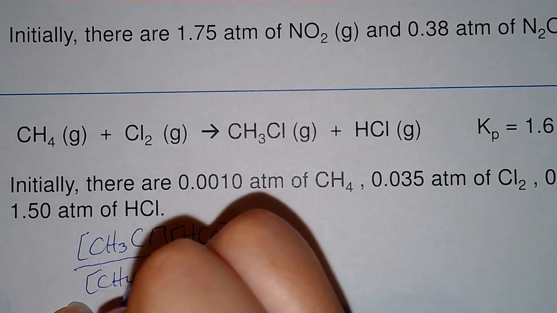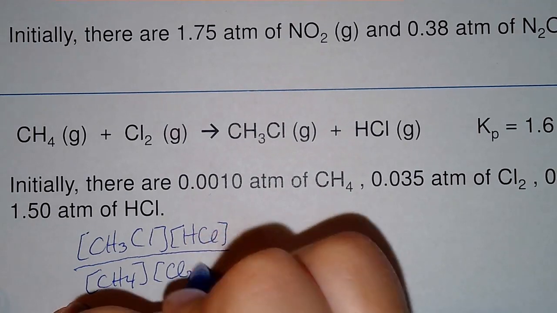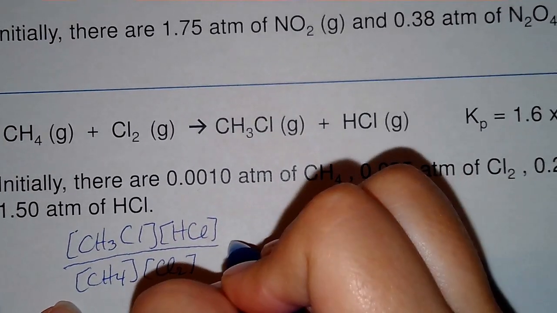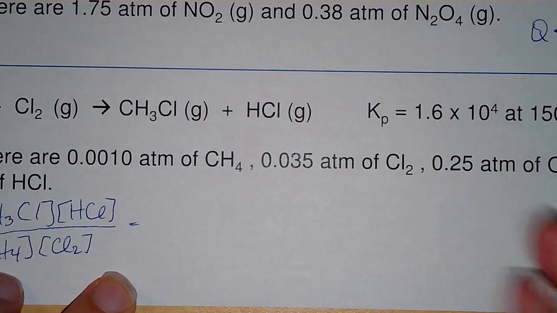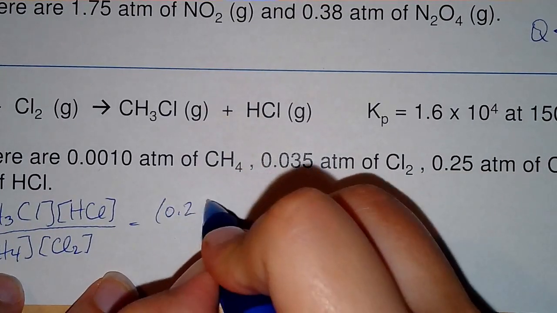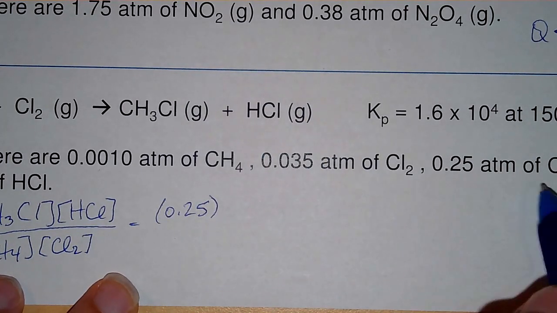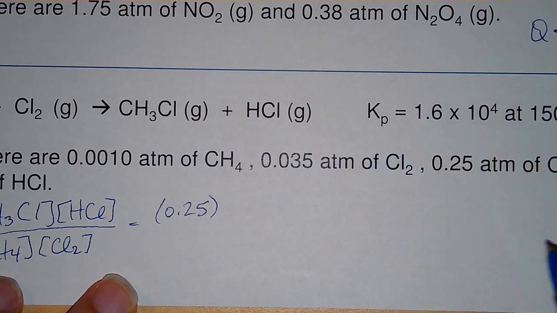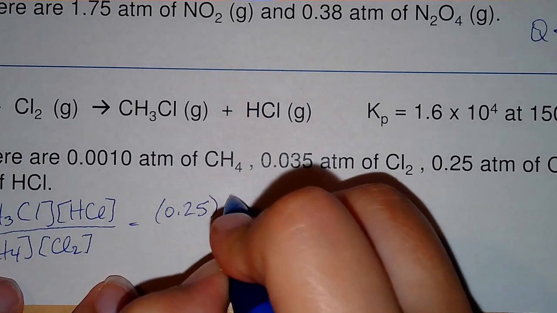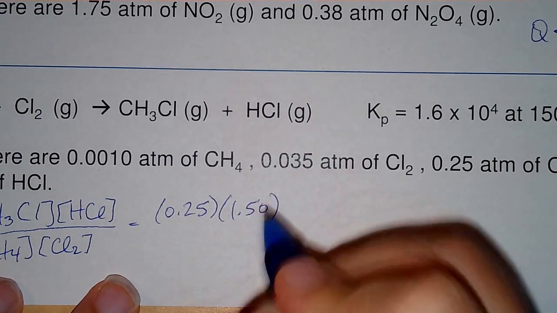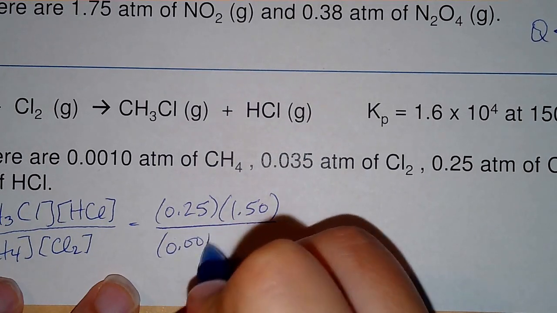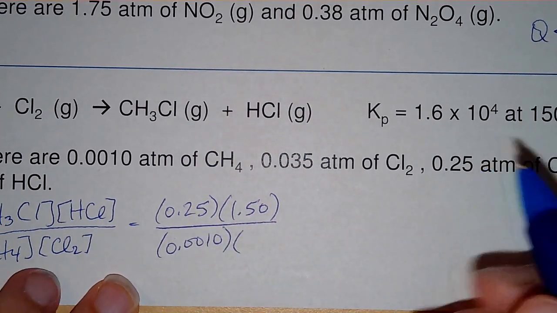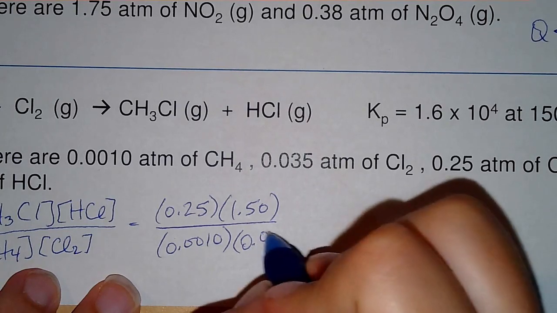Alright, so let's fill in what we have. So over here, 0.25 atmospheres for CH3Cl. HCl is 1.5. On the bottom we have 0.0010 and our Cl2 0.035. Alright, so let's see what we have.